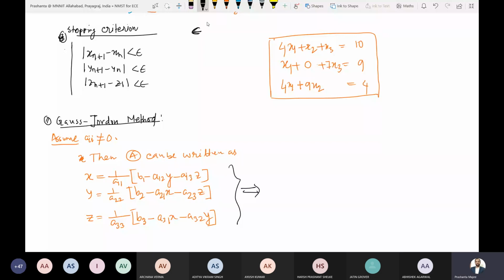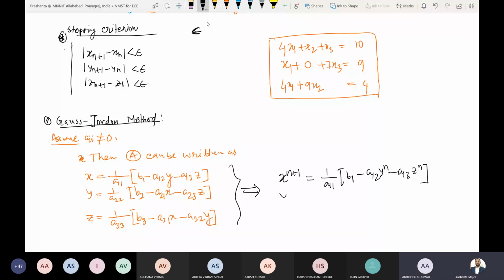So what are you getting? x at n plus 1, I am putting it as a superscript, no harm, this is just a notation to denote the value at the n plus 1th iteration. So x_{n+1} equals 1 by a11 into b1 minus a12 y_n minus a13 z_n.